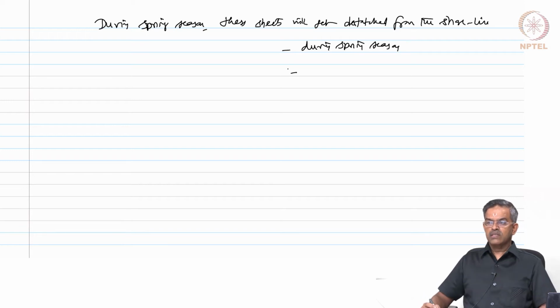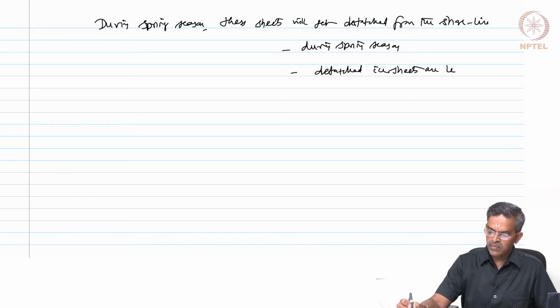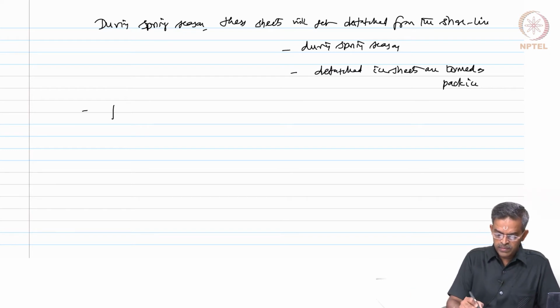Once they are detached, they are called pack ice. Pack ice usually has a width of about 10 kilometers.